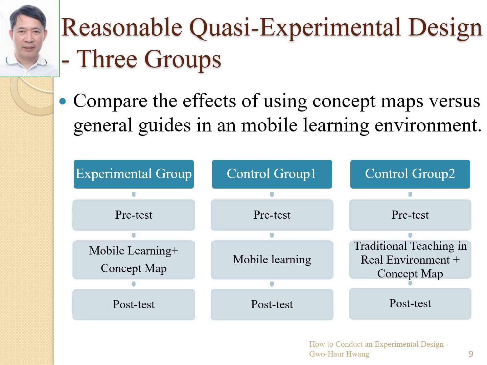It is equivalent to conducting two experiments at the same time. The advantage is that you can quickly know whether the concept map is more effective, the mobile learning is more effective, or the two simultaneously are more effective. But in this case, the number of people in our experiment must be 90. In other words, we must find three classes of 30 people each.